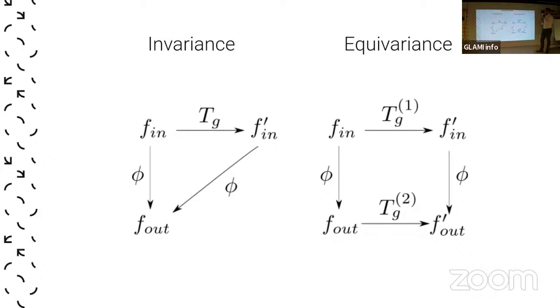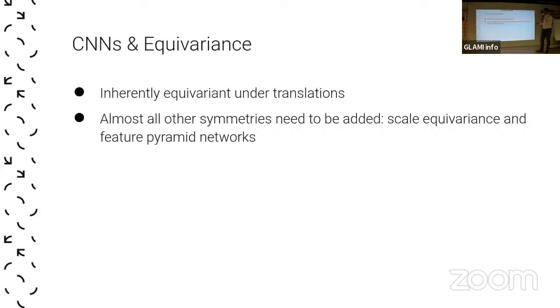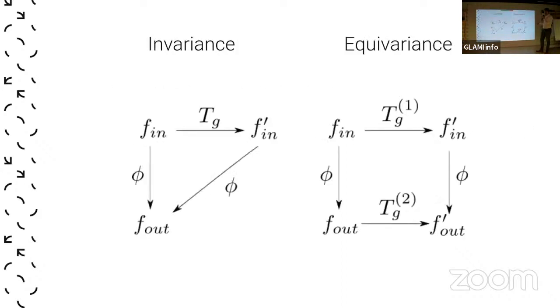That's the equivariance. And I have put here PG1 and PG2 on purpose, because they can be different, and they often are. Usually, these are two representations of the same group, which I will talk about.